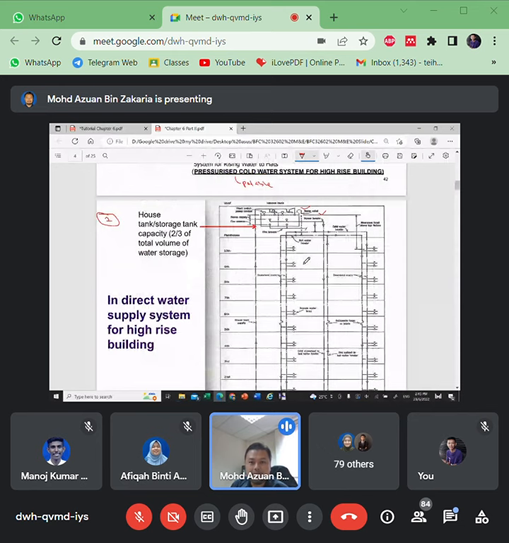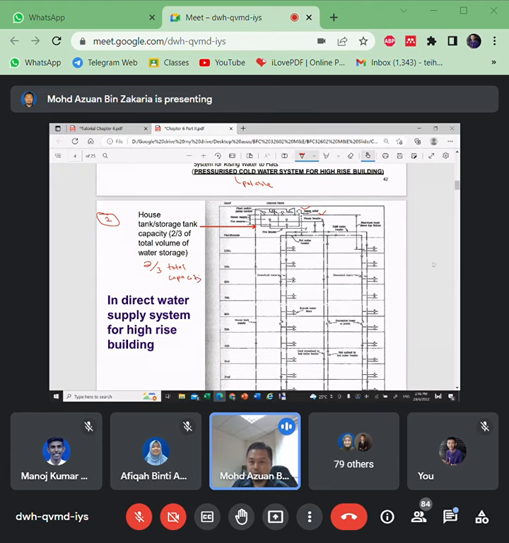And then what is the capacity, the criteria of the water tank? For an indirect water system for a high-rise building, the water tank volume is 2/3 of the total requirement.